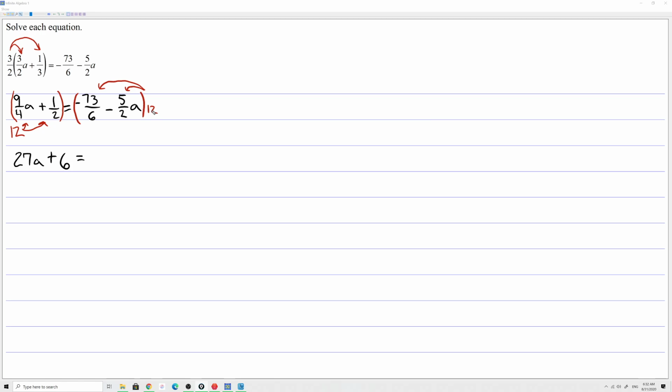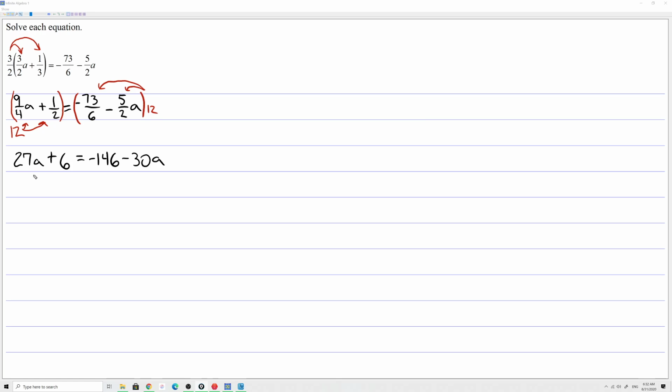On the other side, 12 and 6 cancel, giving me a 2, and then 73 times 2 is 146, but that's negative. So negative 146, and then finally, 12 divided by 2 is 6, 6 times 5 is 30, and that's also negative. So minus 30a.